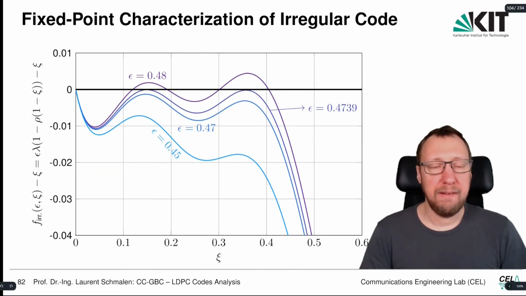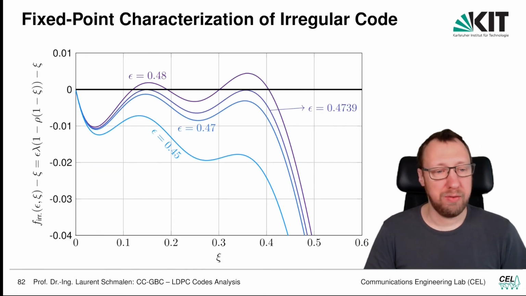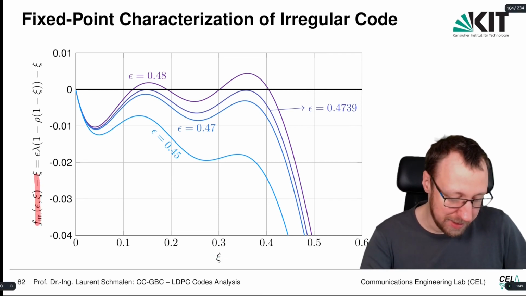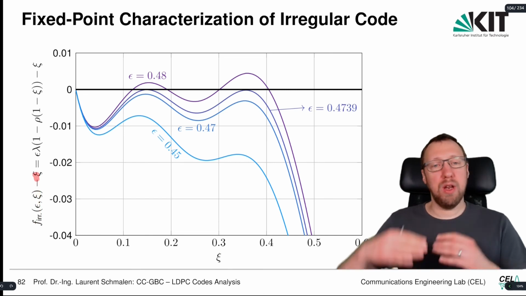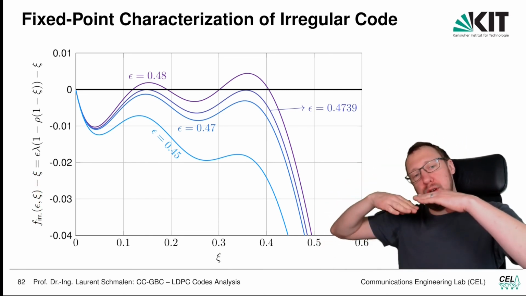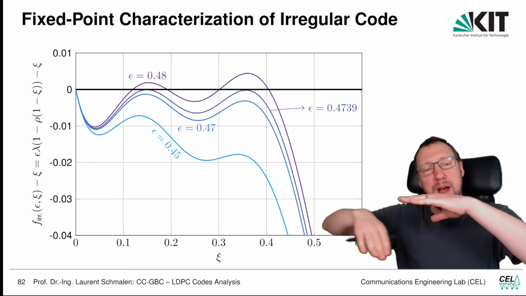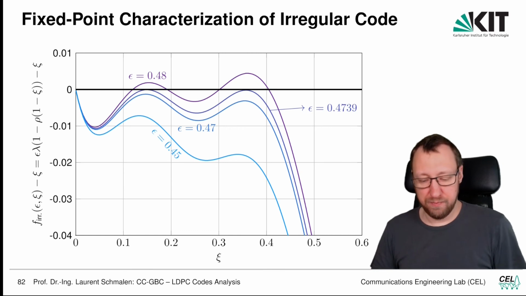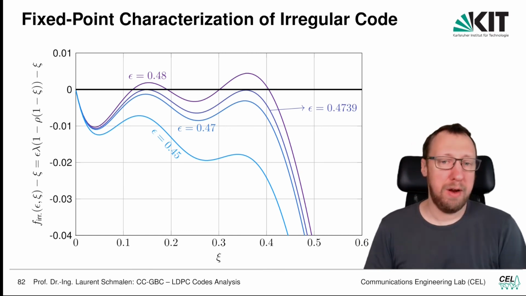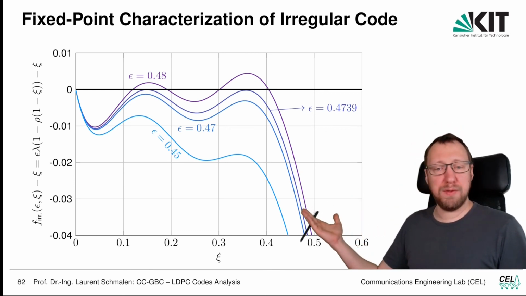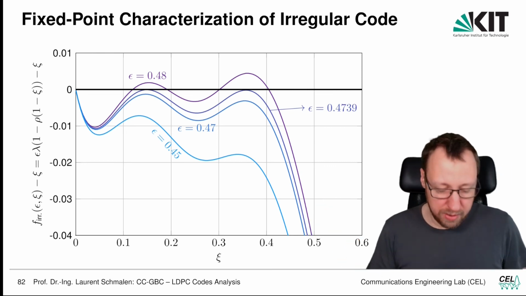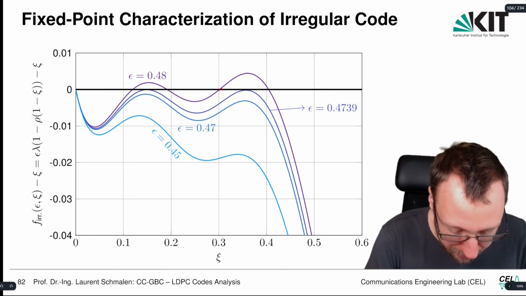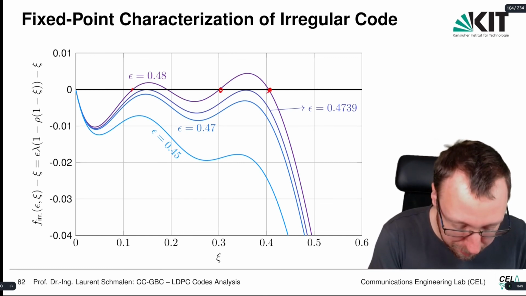So this is the fixed point characterization. As a function of x_i, we plot f of epsilon, x_i minus x_i. We know if this curve is below 0, so it's 0 everywhere except at the fixed point equals 0, then the code will converge. And we see we have very aesthetically pleasing curves here. We see that the code will not converge for epsilon equals 0.7, where we actually have 4 fixed points.